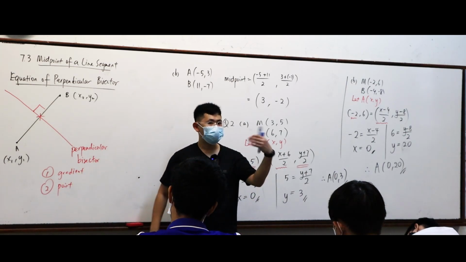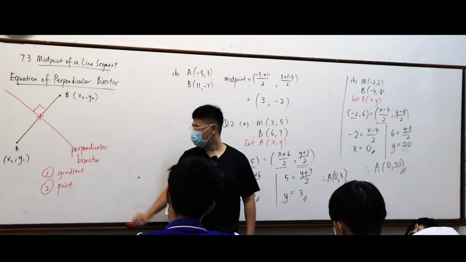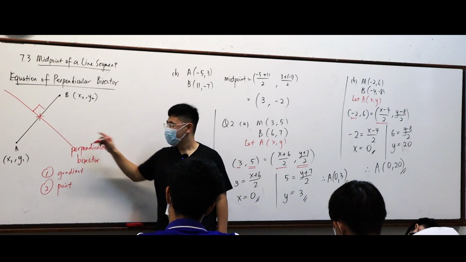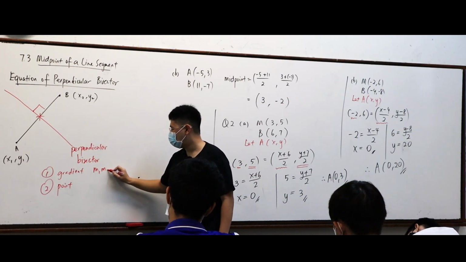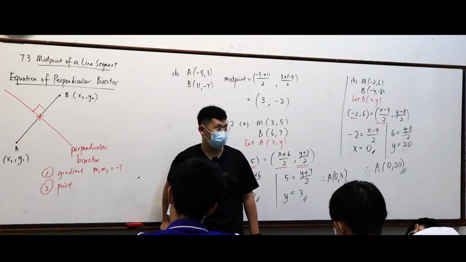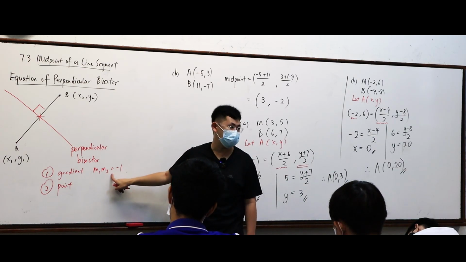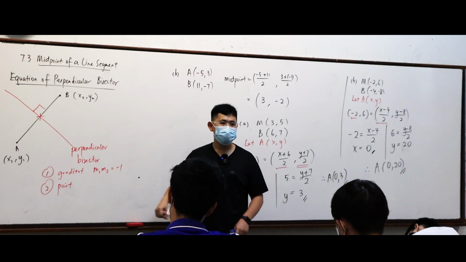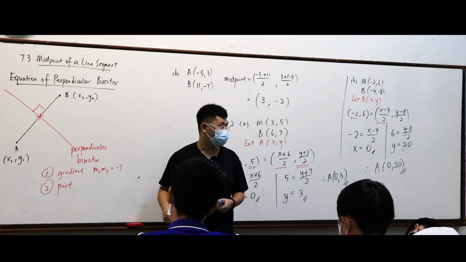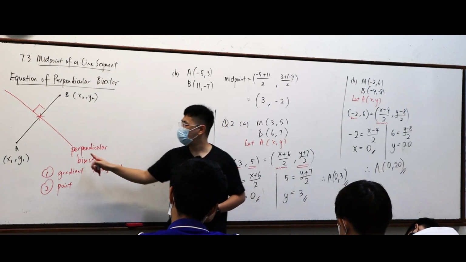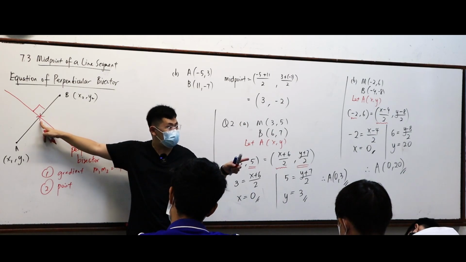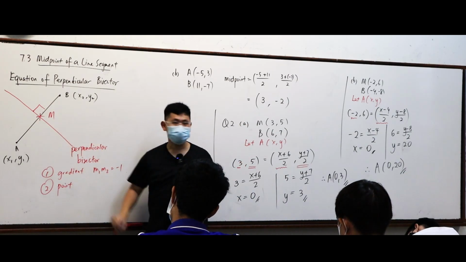To look for the gradient, what do you need? This is a perpendicular line, so you are going to need m1 times m2 equals -1. You're going to apply this. And you need a point that the line passes through. This is actually your midpoint, correct?